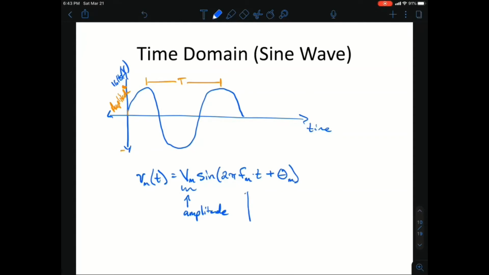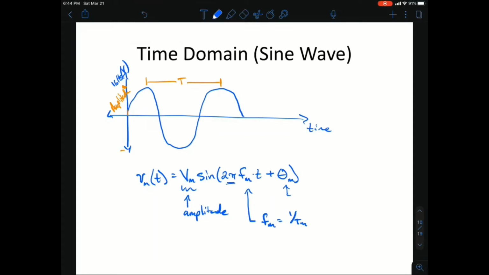Now we'll be able to find the frequency by solving the equation 1 over T sub m, and the phase shift we determine by examining that plot and figuring out how it's been shifted.